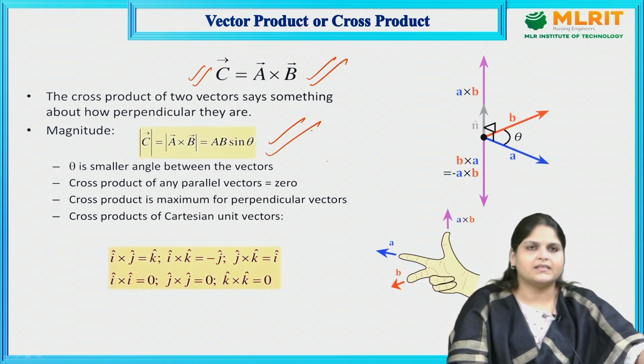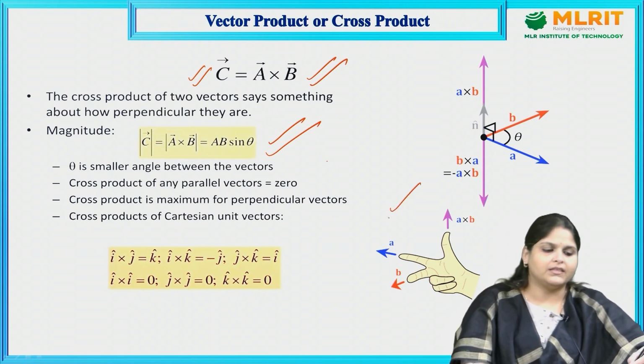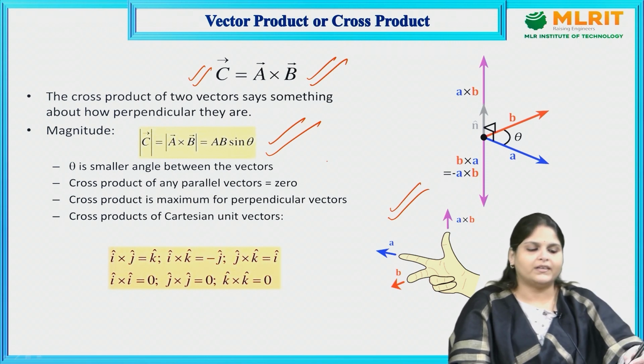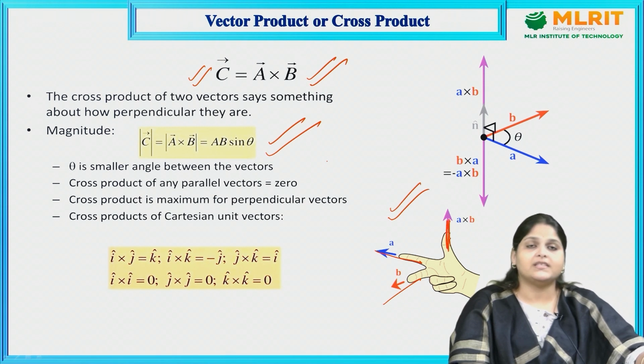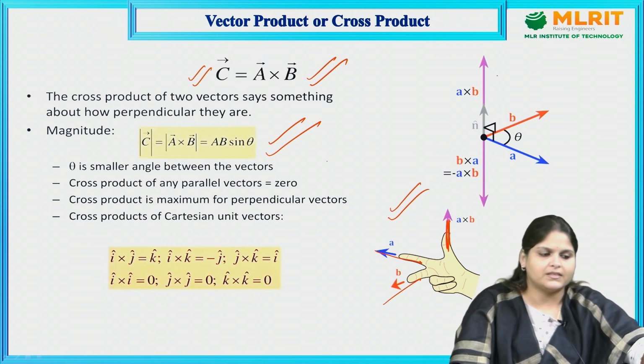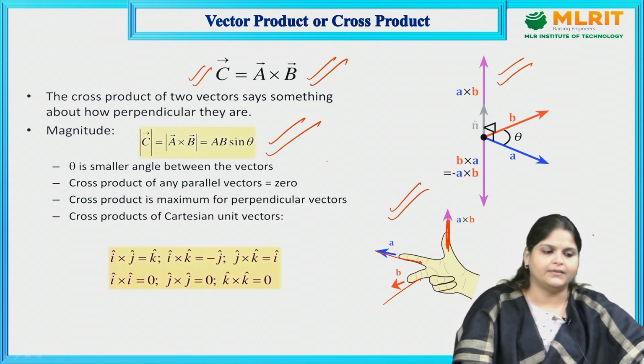If you see in this diagram, here we have taken the right hand thumb rule. In this thumb rule, we have two vectors, this is A, this is B, and this third one, this thumb, is showing the cross product of vector A and vector B, right? By using this diagram also you can understand, right?